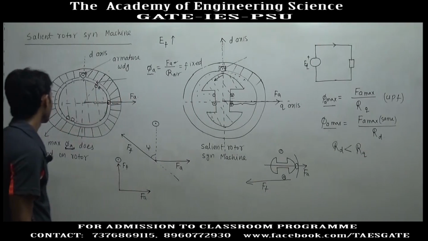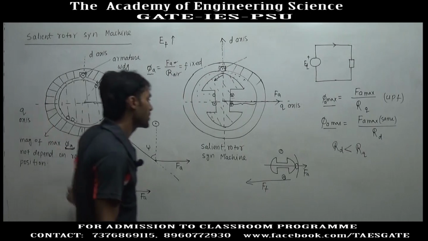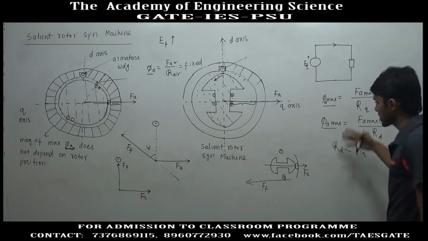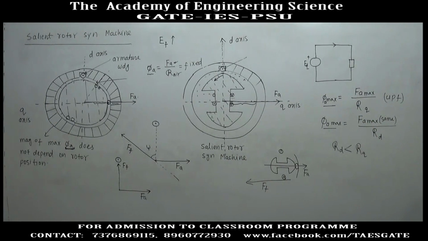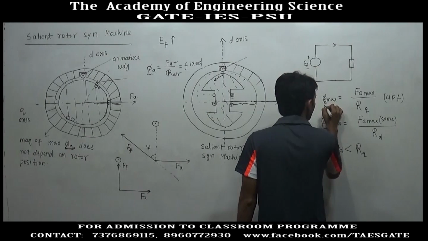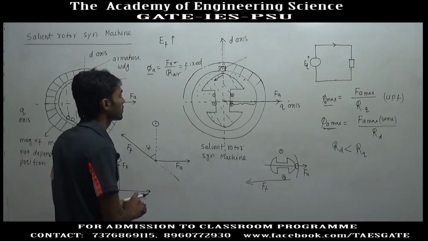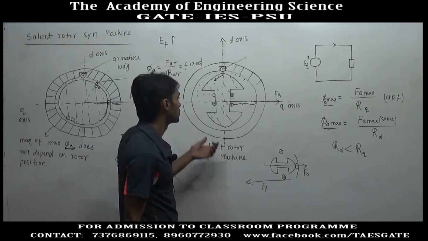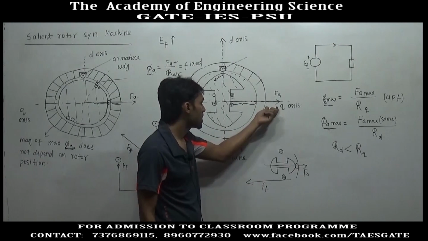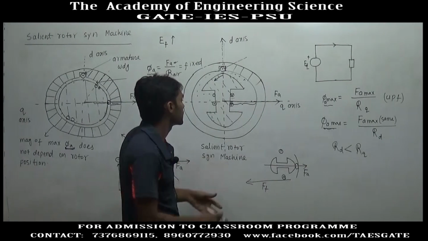Similarly, loads come in many varieties, so various power factor loads may be connected, and in all the cases the value of armature flux will be different, because for different loads the maximum armature MMF will experience a different air gap.